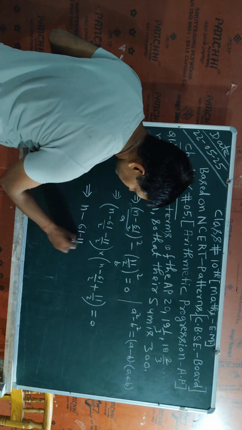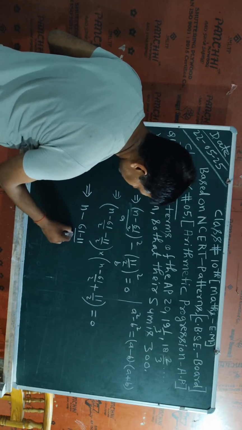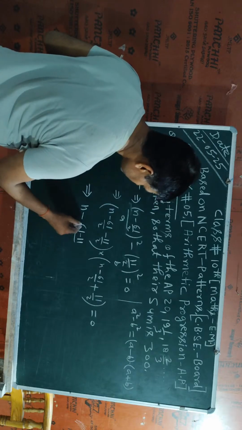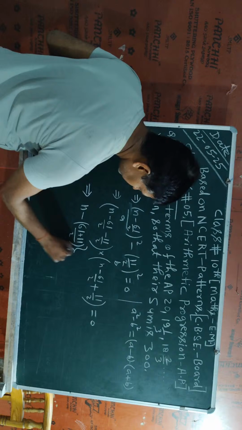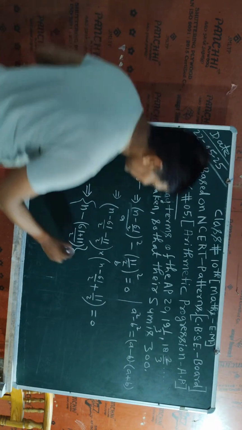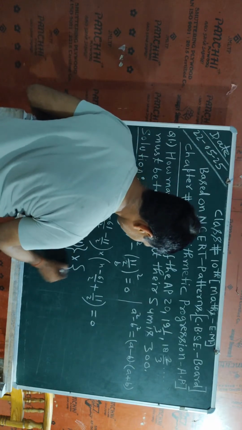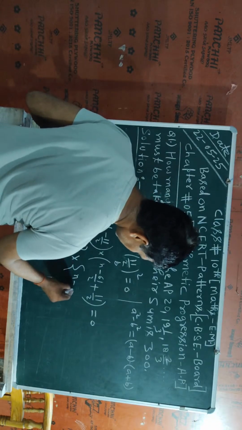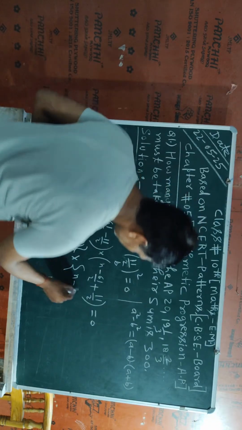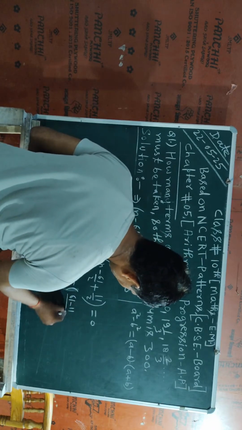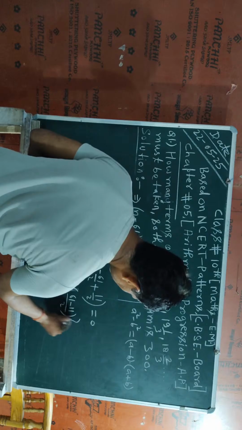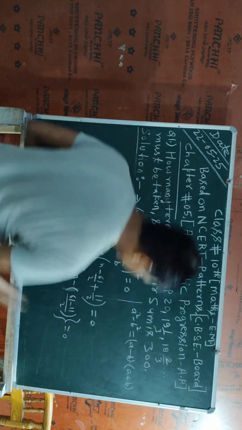So this will be this much divided by 2. In one bracket I have to write this, and in other bracket I will write n minus, in the bracket, 61 minus 11 divided by 2. This will be in the second bracket.